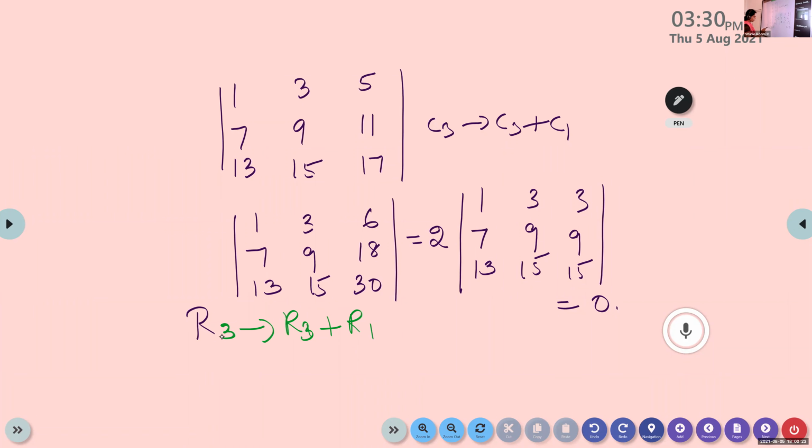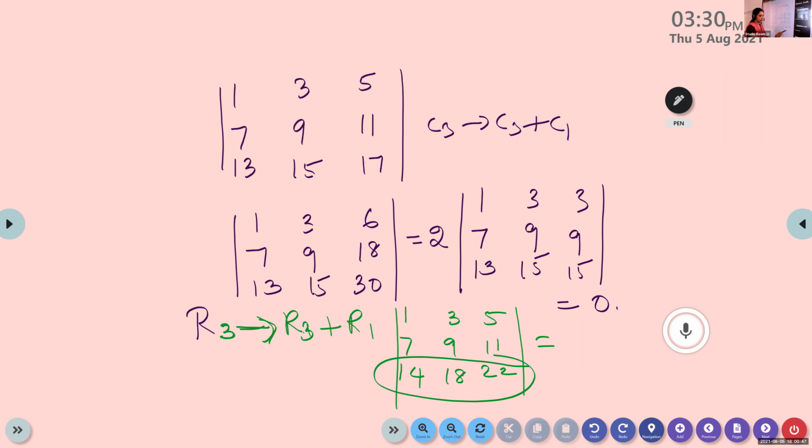Change is happening in R3, so that one should be written first. R3 gets R3 plus R1. So, first row no change, second row no change, third row will become 14, 18, 22. Here also from the last row we can take 2 as common. So we get 2 rows identical, value will become 0.